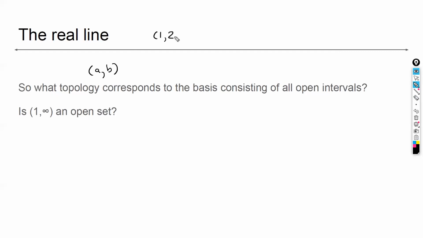For example, I could take (1, 2), (2, 3), and (3, 4), and I could take the union of these 3 intervals, and that's going to make something that looks like this. Here's 1, 2, 3, 4, and it's a set that contains all of the points between 1 and 2, between 2 and 3, and between 3 and 4, but not including 1, 2, 3 or 4. That's going to be an open set.